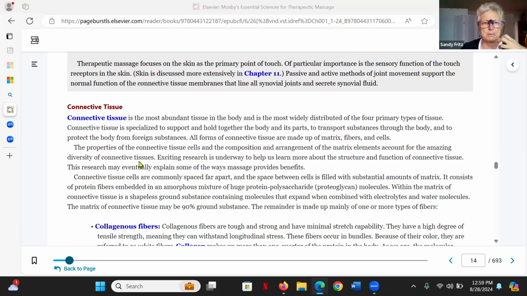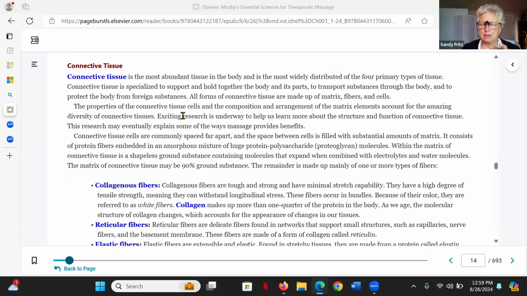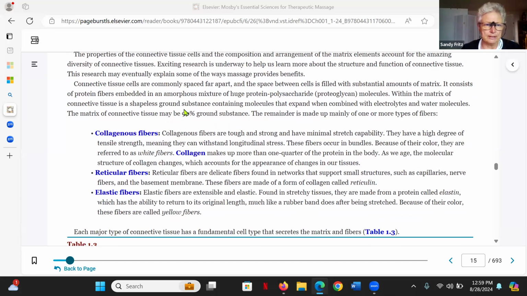It gives us our shape and our form. It responds to stress. It does all kinds of stuff. And you might have heard about massage approaches that are called myofascial release or connective tissue approaches or whatever. And this is the target tissue that those methods attempt to interface with.